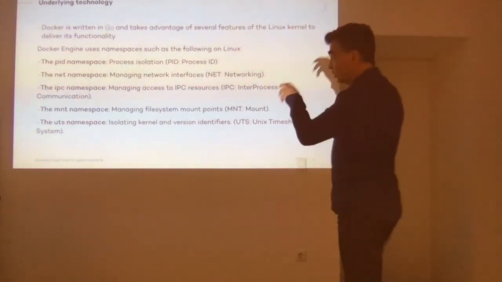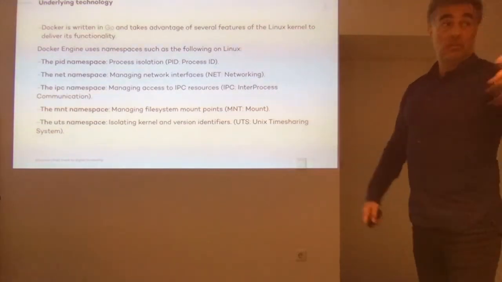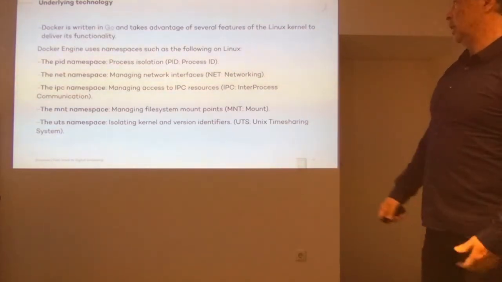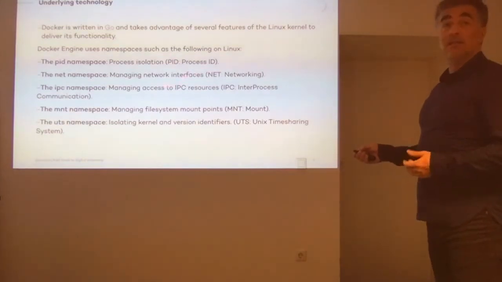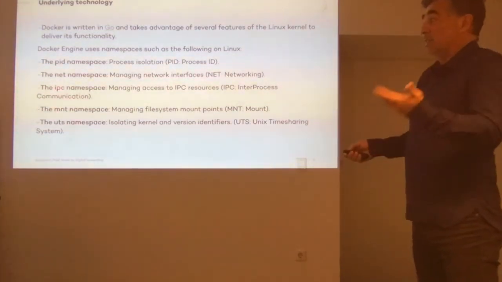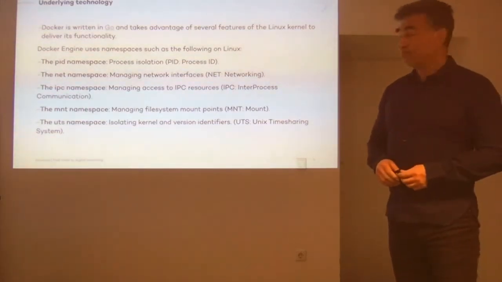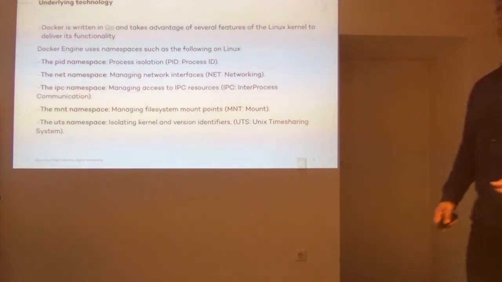Docker uses namespaces such as the following on Linux. The actual Docker internals run on the PID namespace, which all the Linux or Unix people are very much acquainted with, the process ID. The namespace managing network interfaces is just net at the Linux level, which is networking. IPC namespace, even the name is exactly like Linux, interprocess communication. The MNT namespace, managing file system mount points.